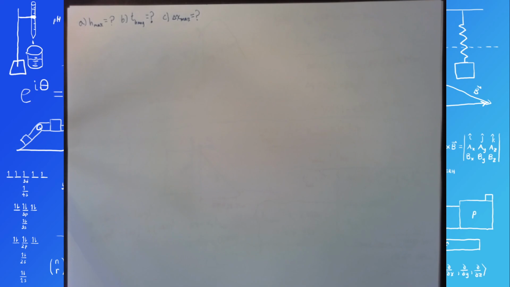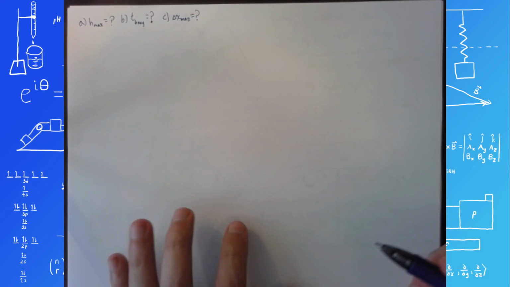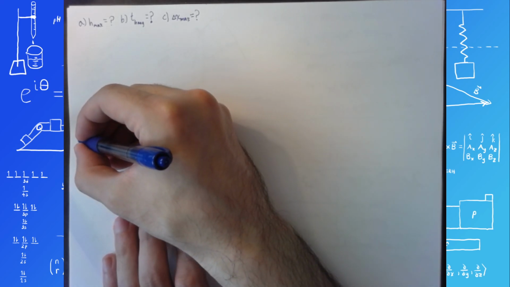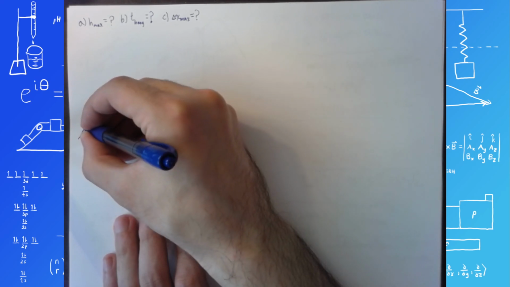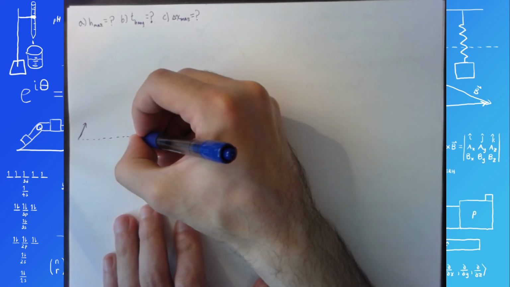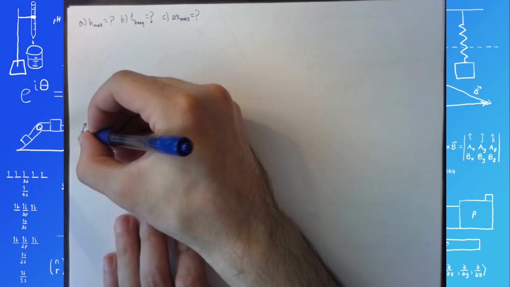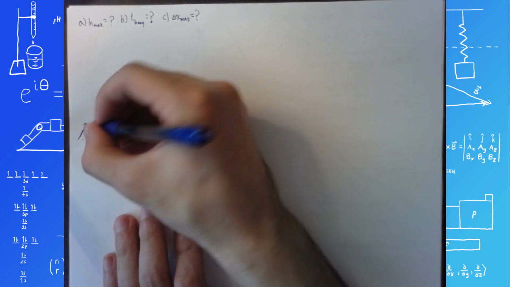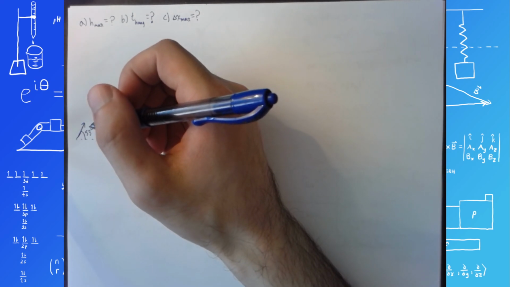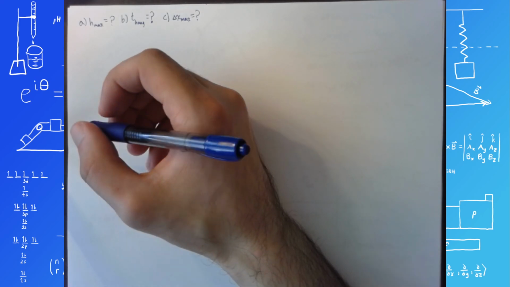All right, let's draw the situation. So the rocket was launched at an angle of 53 degrees above horizontal. I think I want to start pretty low for this. So here's 53 degrees above horizontal. And it starts with an initial speed of 100 meters per second.